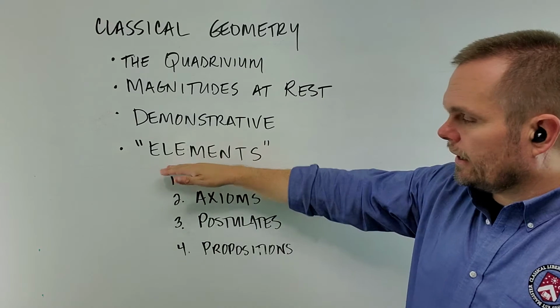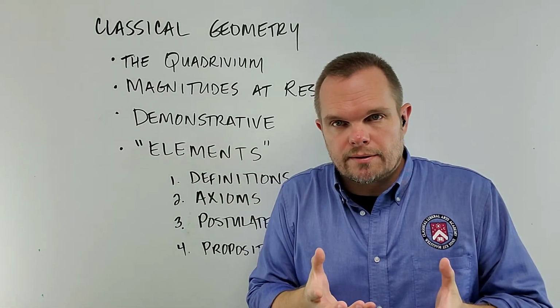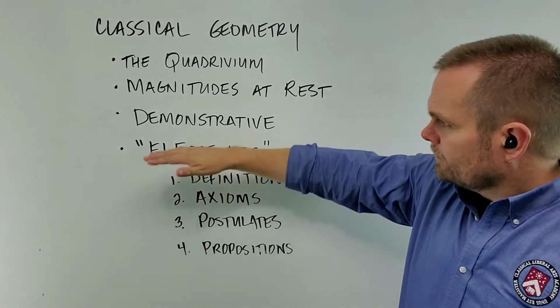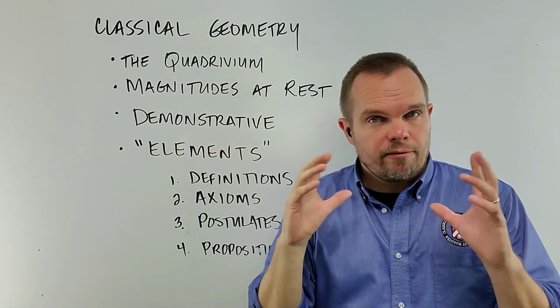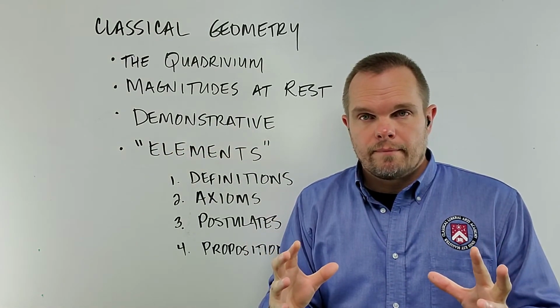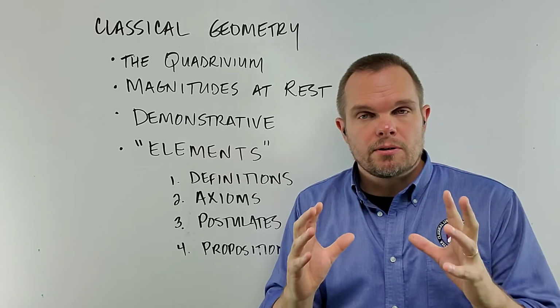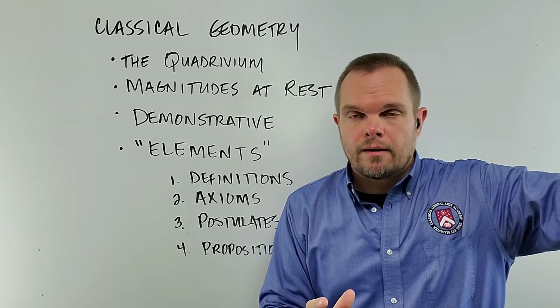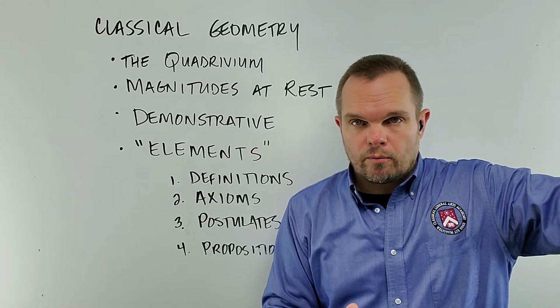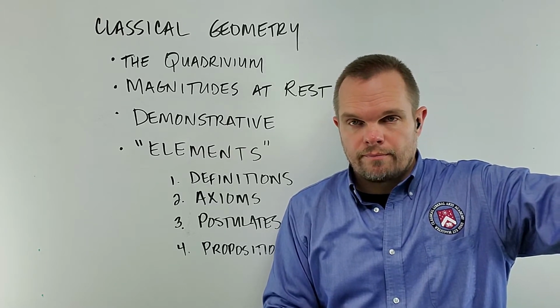And the title of his book is The Elements of Geometry. And the first thing we should ask is, what are the elements of geometry? Well, remember that geometry is demonstrative. So everything that's said in geometry is proven to be absolutely true because it comes from statements that we know are true.